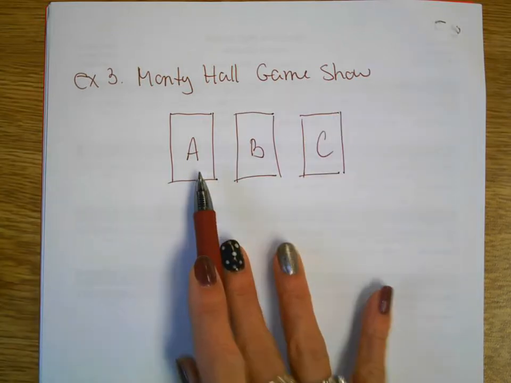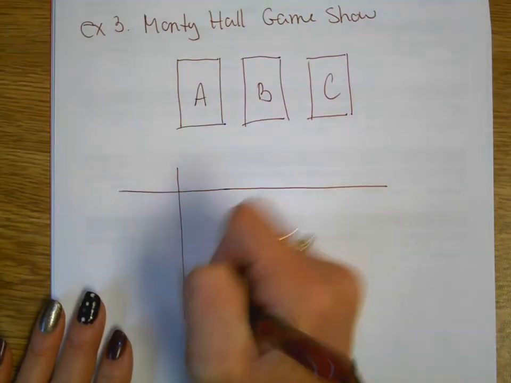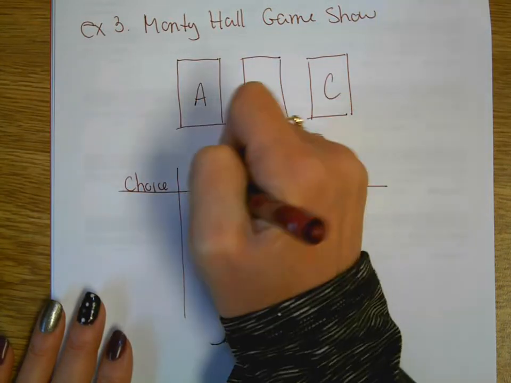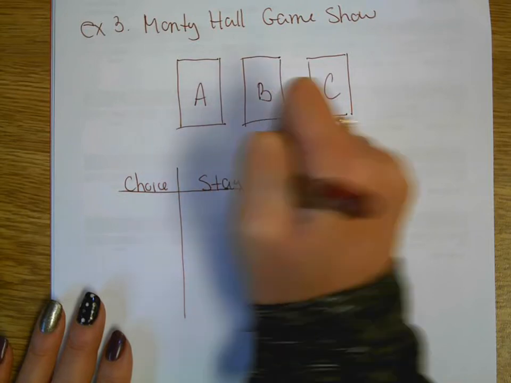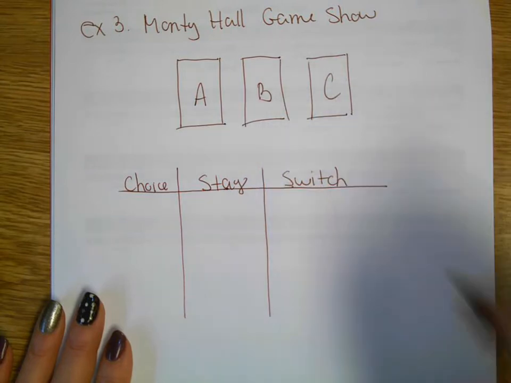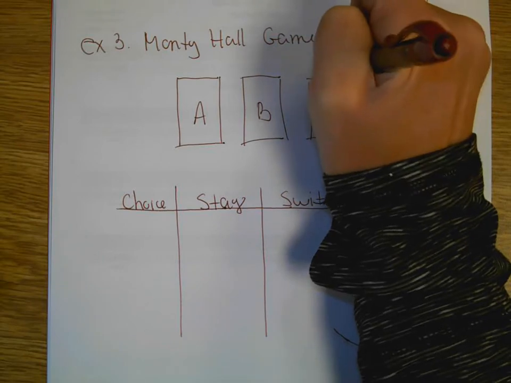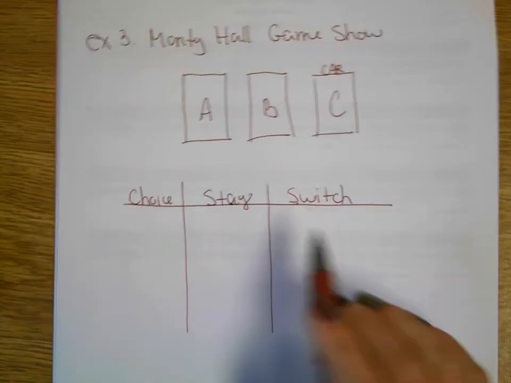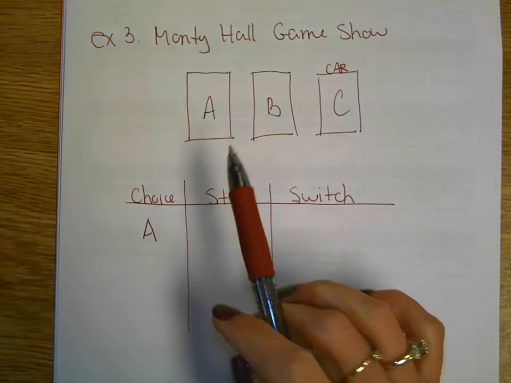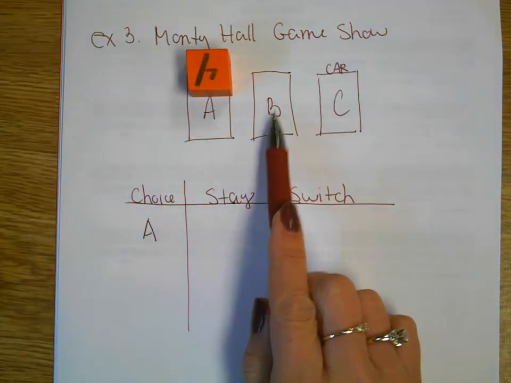So we want to look at this situation. If we make a little table of possible outcomes, stay and switch. Let's say the car is behind door C. Say you had chosen door A. So you pick A. He would open door B, because there's going to be a goat there.